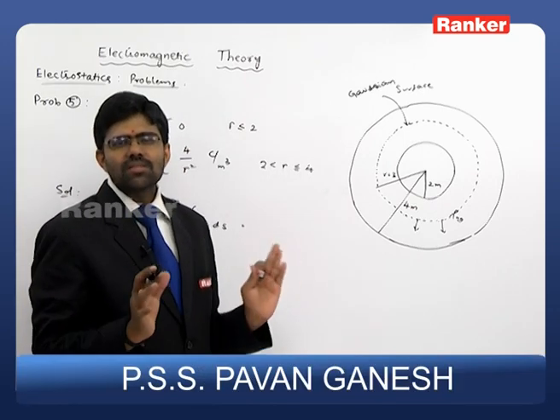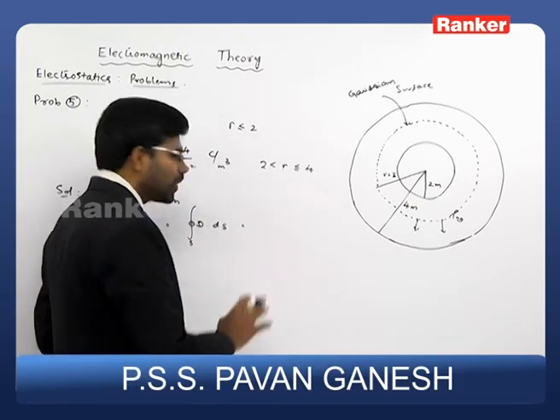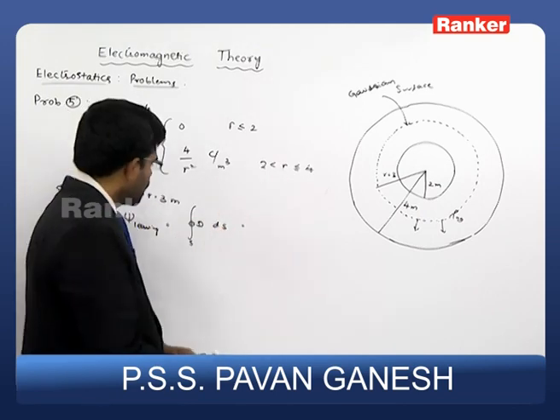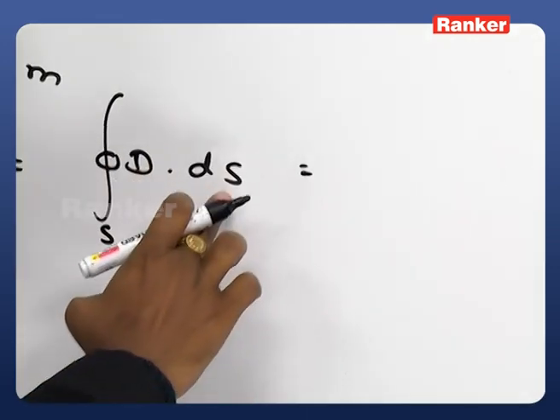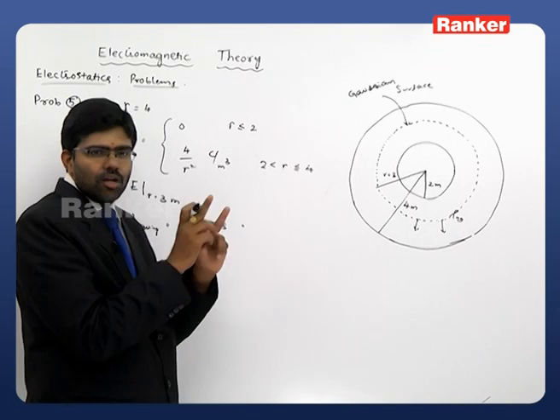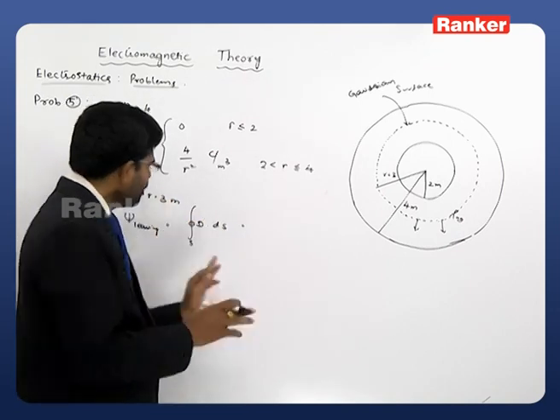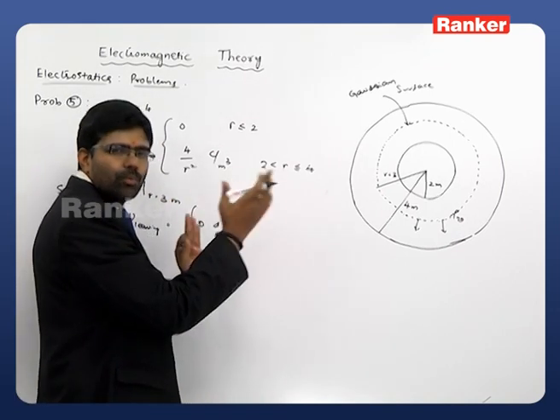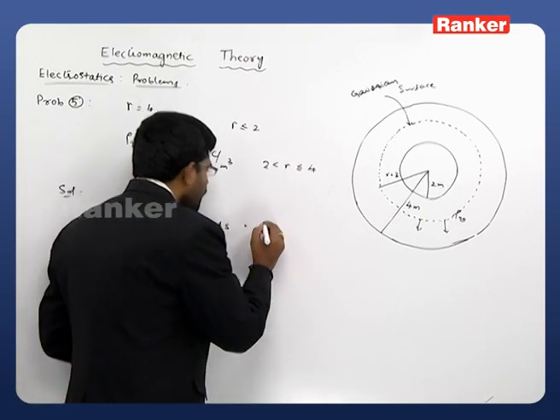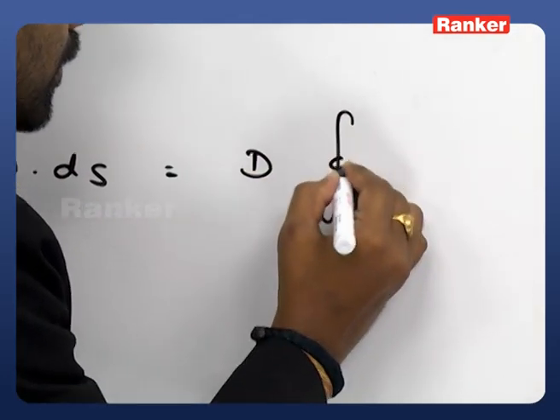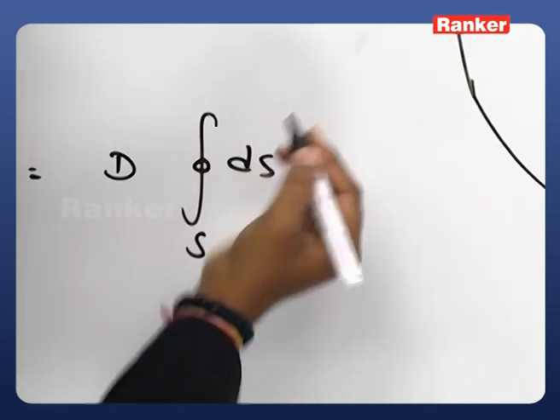Don't go for any formula, just observation is required here. The dot product will be a scalar, and D is uniformly distributed, so bring it out of the integral. So it is D times the surface integral of dS.